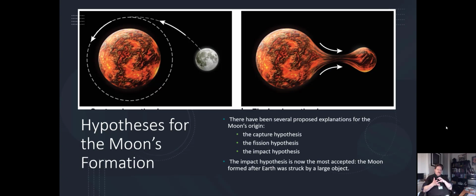So the chemical composition of the Earth and the resultant fission body would be pretty homogeneous. And so what we would expect is that the moon would have a much higher iron and nickel concentration than it does now. So essentially, the composition of the moon is not as you would expect from the fission hypothesis.